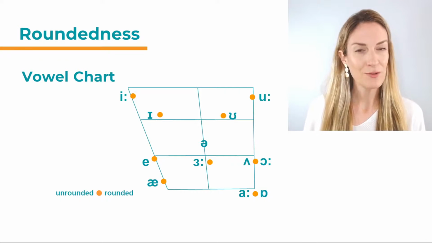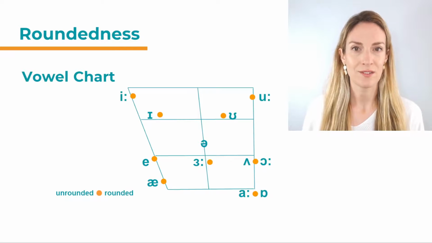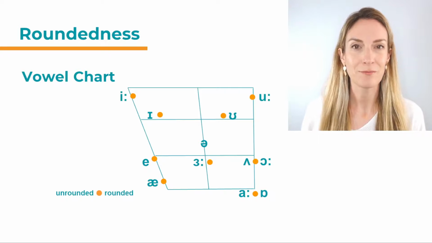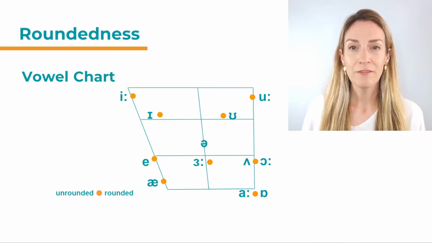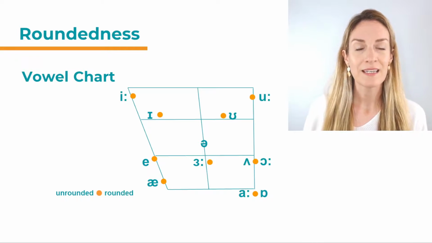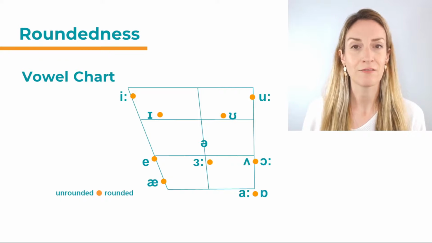So how will you tell? Because the dot always looks the same. It's the position of the dot. So have a look, I've put like a little explanation at the bottom on the left-hand side next to the diagram. So if your vowel symbol, the sound symbol, is on the left-hand side of the dot, that means that vowel is unrounded.